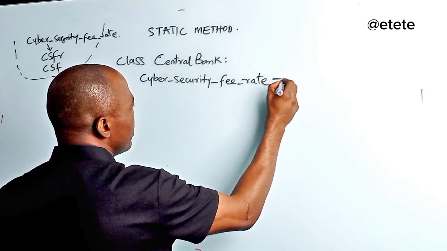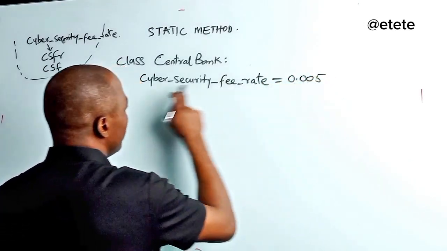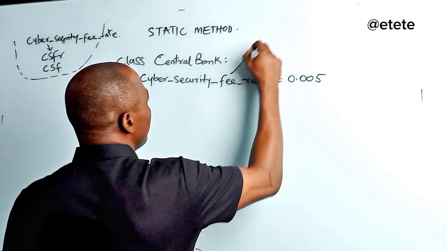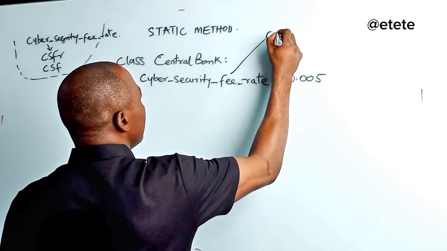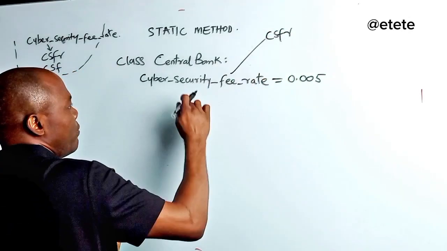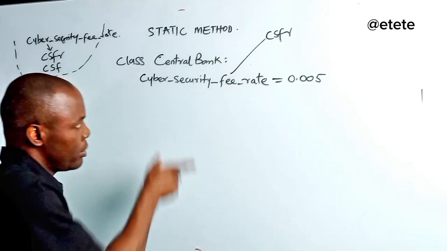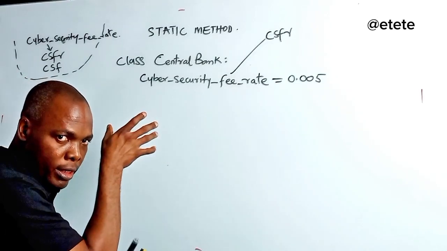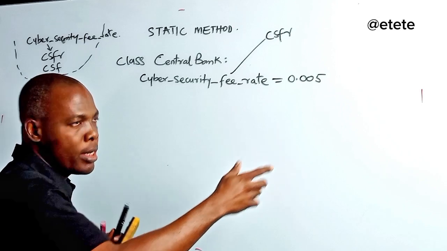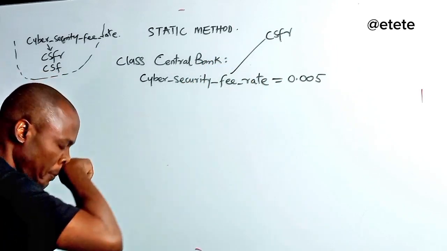This one will be 0.005. So now I'm going to replace it as CSFR, cyber security fee rate, so I won't be writing it in full again. You won't do that in a normal program, but for the sake of this lecture and the board, I'm going to abbreviate it. So when you see this, just know that it is this.